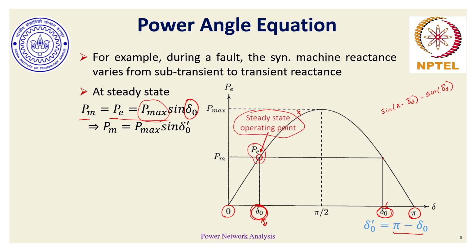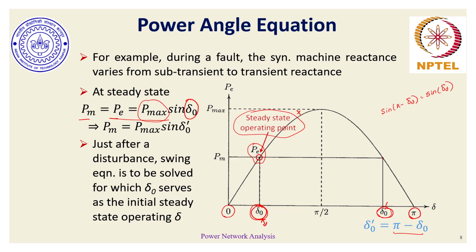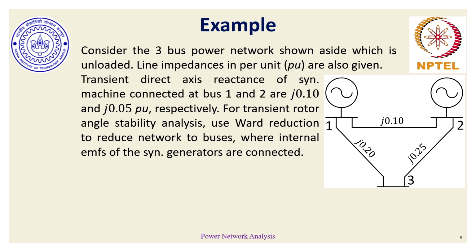The steady state operating point will always be an angle between 0 radians and pi by 2 radians, and following a disturbance, the angle delta will deviate from the delta naught value, and depending on the disturbance, the post disturbance condition may or may not be the same as the delta naught and PM values. My response to why delta naught dash is not a steady state operating point is still pending, and we'll discuss that in the next lecture.